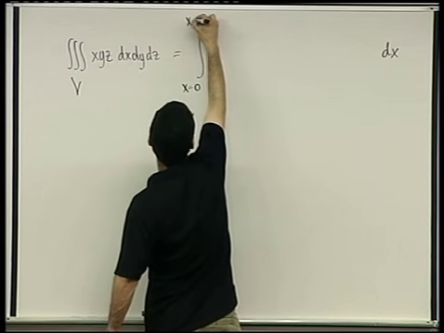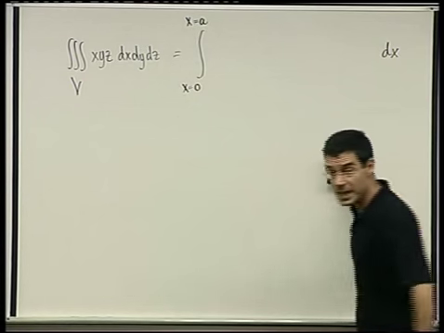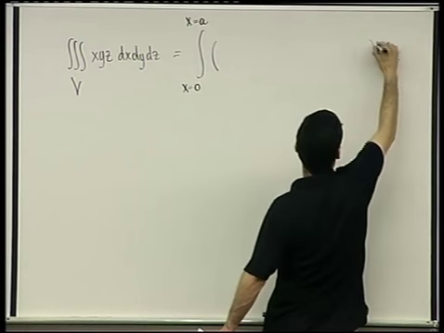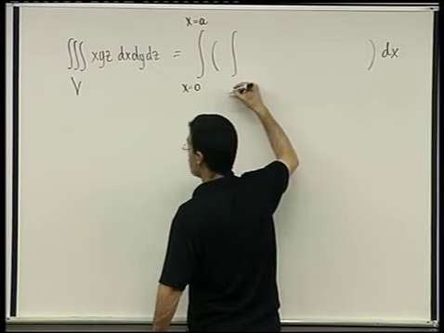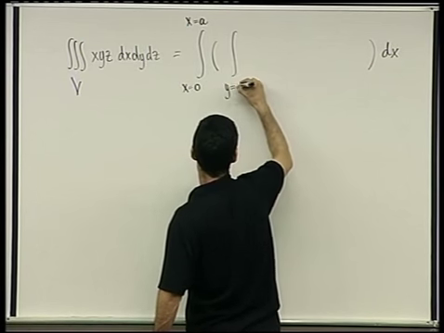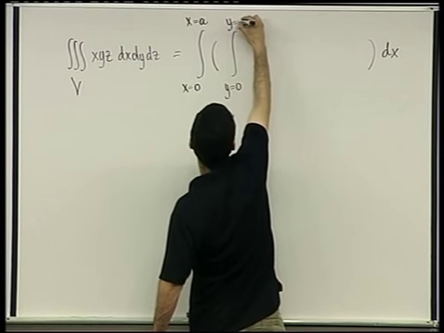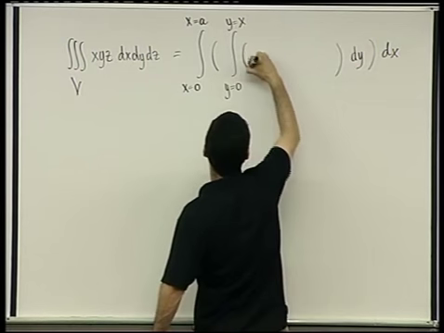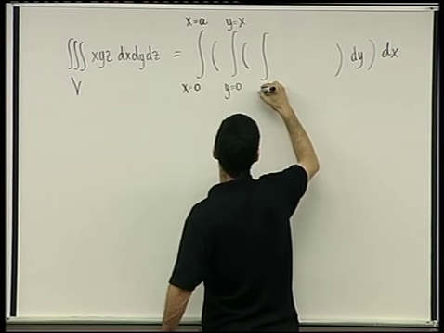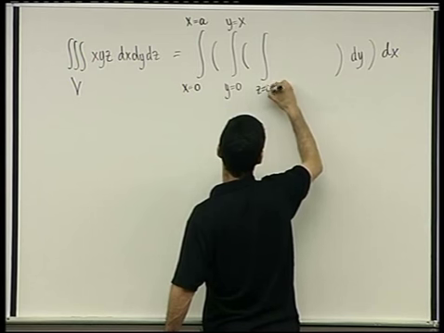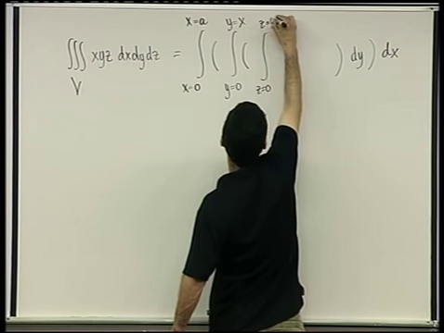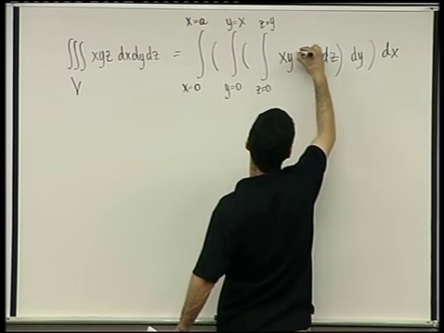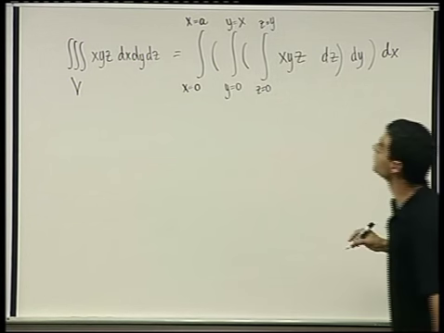X ranges between x equals 0 and x equals a, and those are constants, therefore it can be the outer integral. Then we have the integral where y ranges between y equals 0 and y equals x, dy. And then we have the integral where z ranges between z equals 0 and z equals y, dz, and here we have the function.